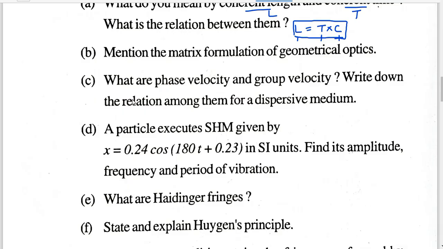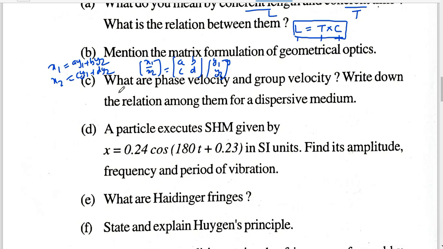By taking two sets of equations, suppose x1 = a y1 + b y2 and x2 = c y1 + d y2, and by writing it in matrix format, it will be (x1, x2) equal to the matrix (a b; c d) times (y1, y2). This is the matrix formulation of geometrical optics, and this way you can explain it. I'm giving only hints for the questions.